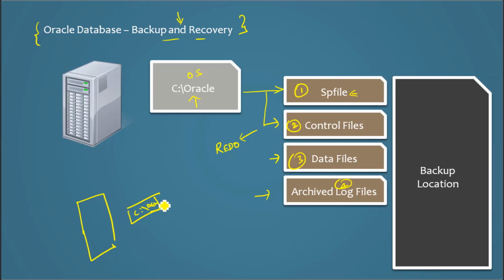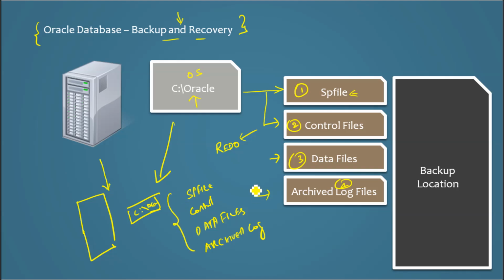Then we restore the SP file from the backup, restore the control files, restore the data files, and restore the archived log files. Using these we can reconstruct the database, because we have the binaries, and we can start the instance with this SP file.